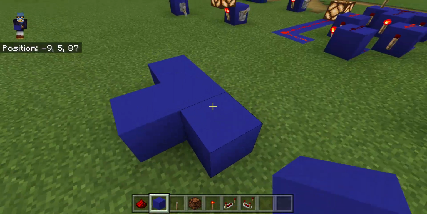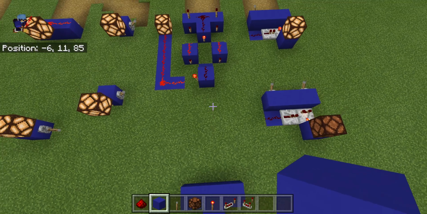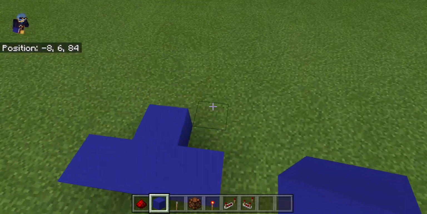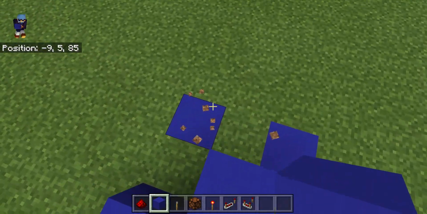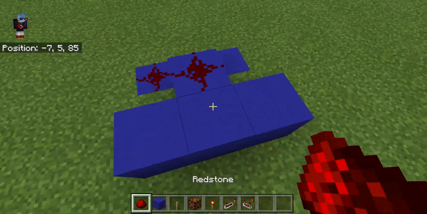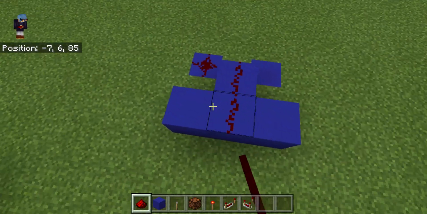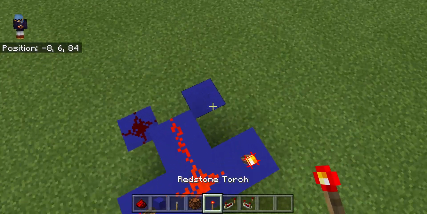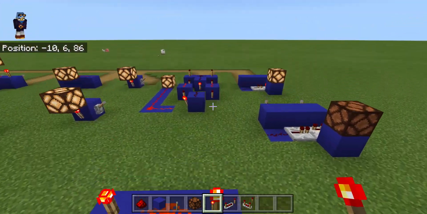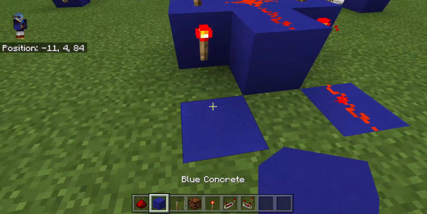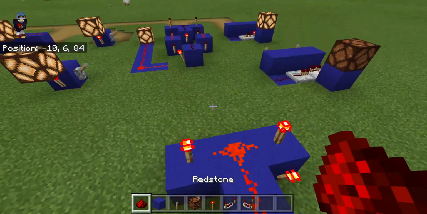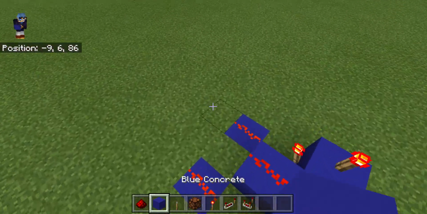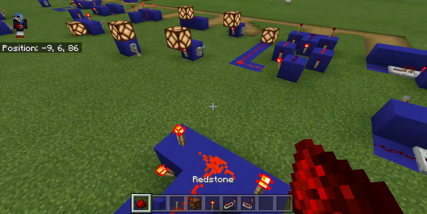So you're going to need a mini Tetris T shape, and then right after that, this is where I'm going to be placing the redstone stuff, guys. I'm going to need redstone torches there, right? Yep. Sorry, I forgot how to make this. And then I'm going to need these running into this, like that.